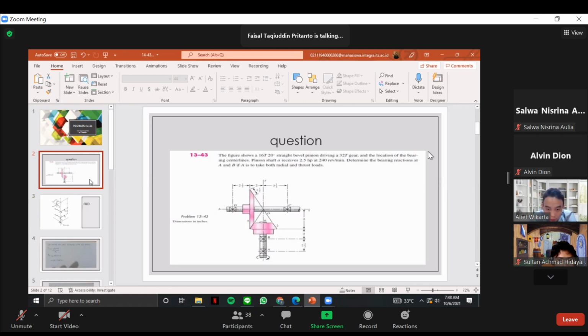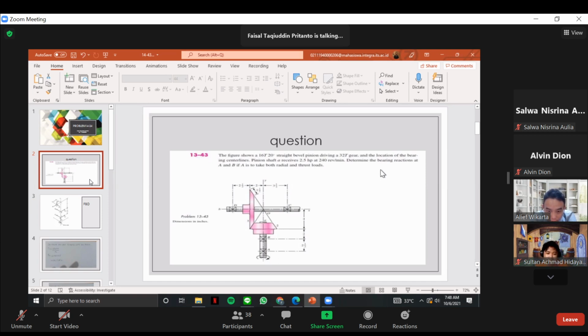Pinion shaft A receives 2.5 horsepower at 240 revolutions per minute. Determine the bearing reactions at A and B.